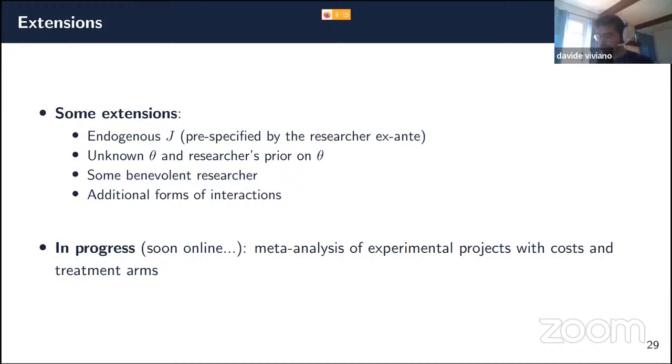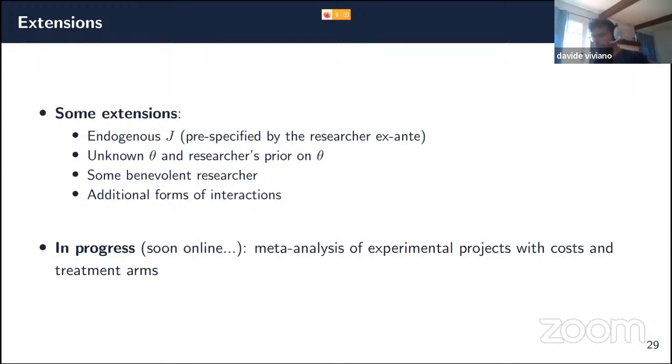So what this implies is that there are some researchers who only care about the publication prospect, but others care about welfare. But the decision maker, the editor, is going to be worst case with respect to the type of the researcher, and this will not change our results. And as I was discussing before, we also studied a problem where you have different forms of interaction, both in the publication process and welfare.